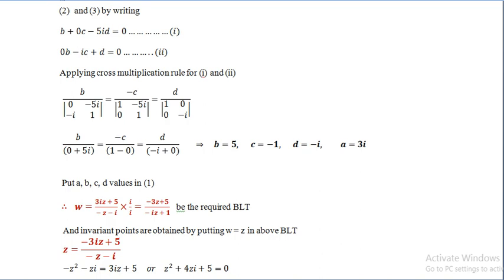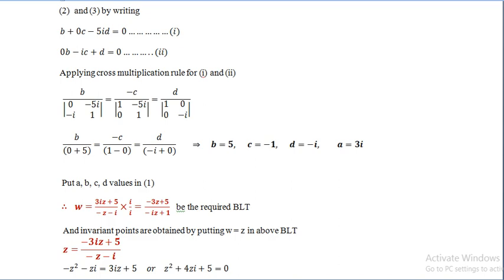And similarly c divided by 1 minus 0, d is minus i plus 0. So therefore B is equal to 5. So here minus i into minus into minus plus i into i square is minus 1, then minus again this direction sign is minus means plus 5, C is minus 1, D is minus i.